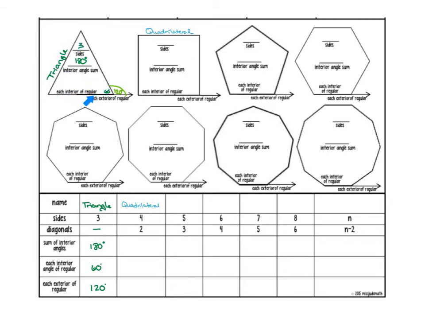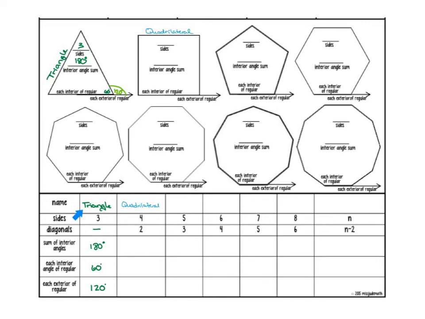So if one of them is 60, they would all be 60 because 180 degrees divided by the three angles would give me 60 degrees. And the exterior angle is always supplementary, forming a linear pair or a straight line. So 60 degrees plus 120 degrees gives us the 180, a straight line. So if we know the interior angle, we can find the exterior angle by subtracting it from 180.